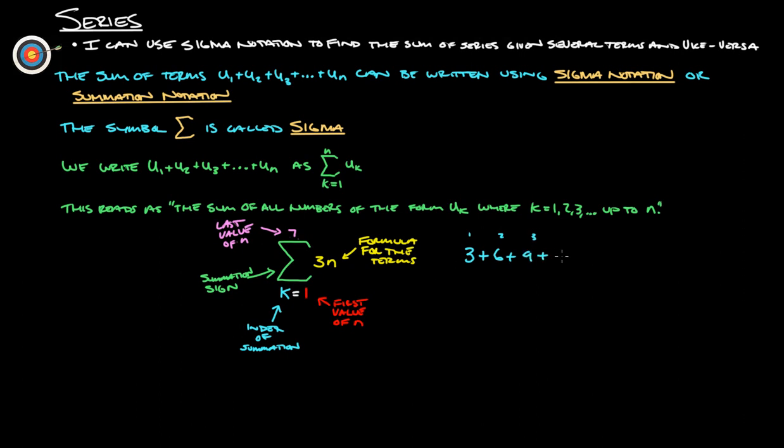We keep multiplying by 3. And then 12, 15, so that's the fourth, fifth. And then 18, sixth. And then 21 is going to be the last one. So this all here is saying, what does this all equal?